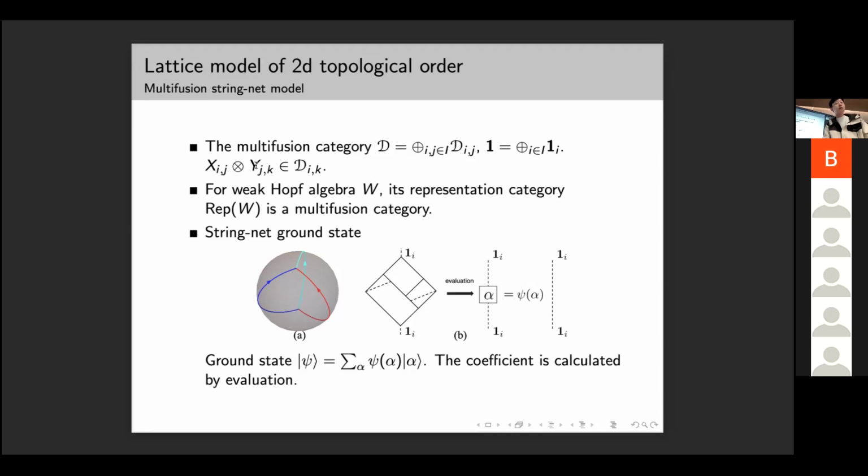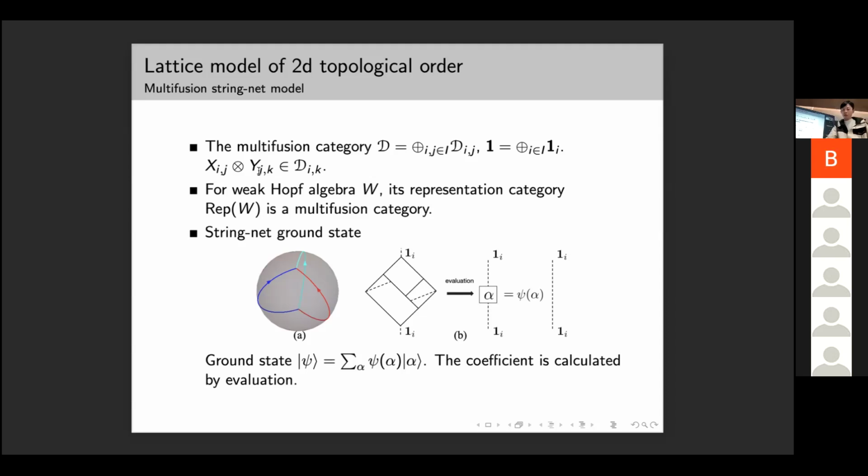This means that this Y is in the D_jk component. It cannot be fused arbitrarily. If this Y is in the D_lt component, and if this l is not equal to j, the fusion is just zero. So this is the basic part of the multifusion category. And a typical example is the weak Hopf algebra.